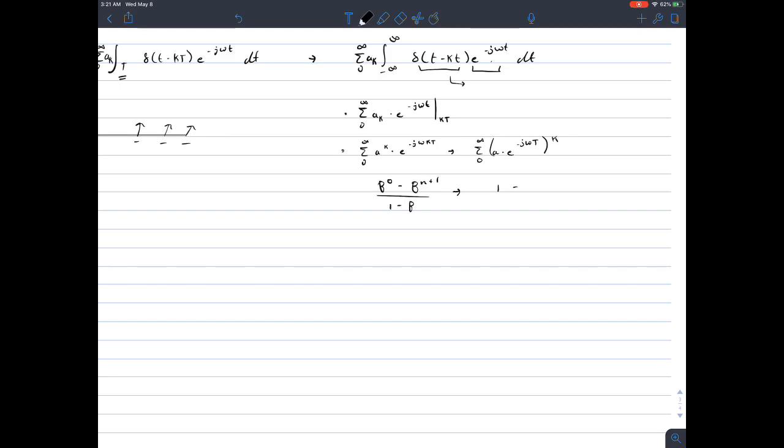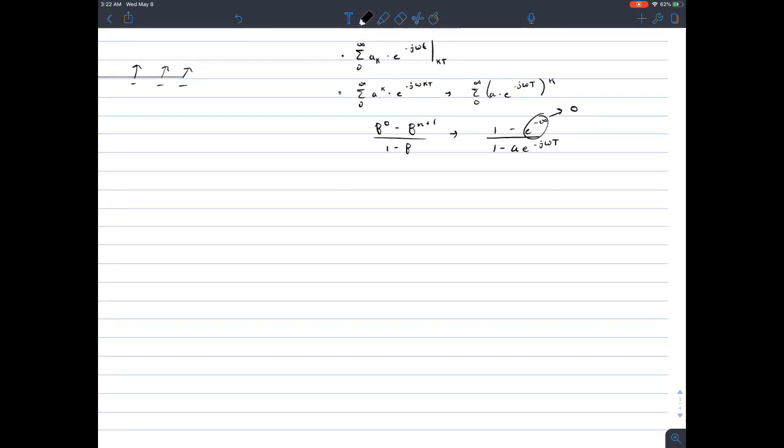It's going to be e to the negative infinity, which is equal to 0, all divided by 1 minus a e to the negative j omega big T. So your final answer is going to be 1 over 1 minus a e to the negative j omega big T.